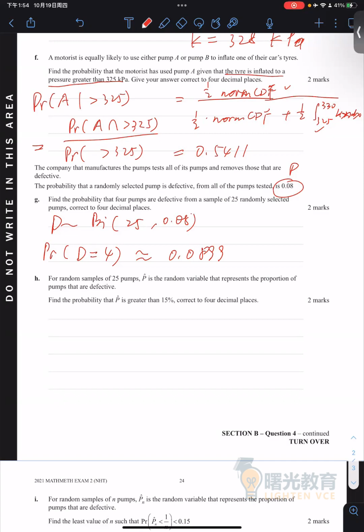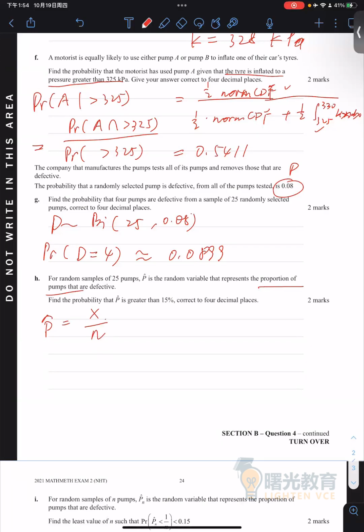Okay, trial number still 25. The p hat is a random variable that represents the proportion of the pumps that are defective. So again, if you turn to the formula page, the formula for the sample proportion is p hat equal to x, the number of favorable, out of the number of samples.